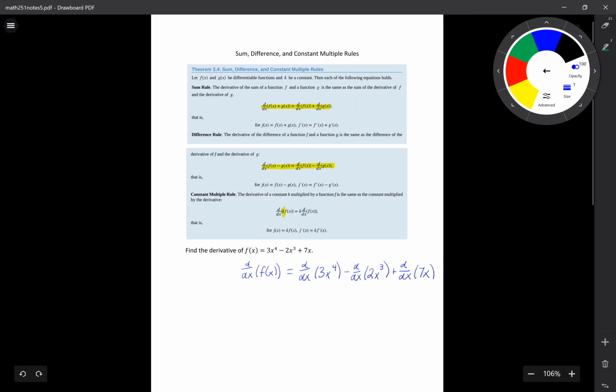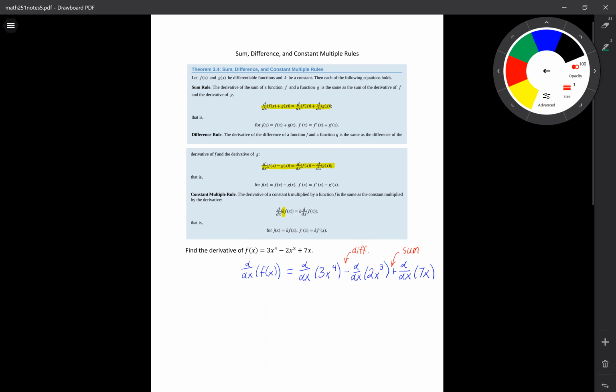So in this step, we used the difference rule right here, and right here we used the sum rule. We split this function f into three parts, and now we are adding their derivatives and subtracting the derivatives to get our total derivative.